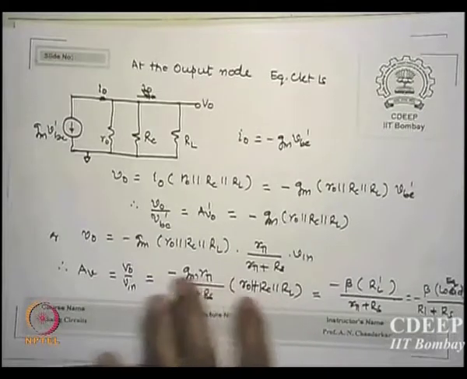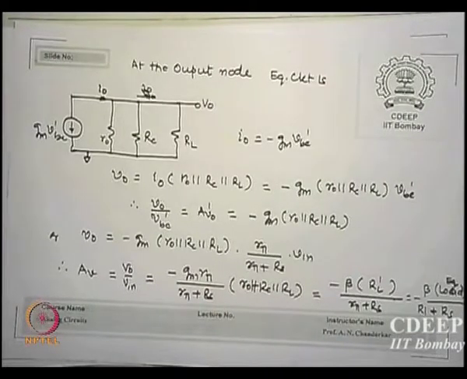Let us call this whole parallel combination RL dash. Then this gain is minus beta RL dash upon R pi plus RS, or more specifically Ri plus RS. Is this gain technology dependent? Yes, beta is a temperature dependent term.